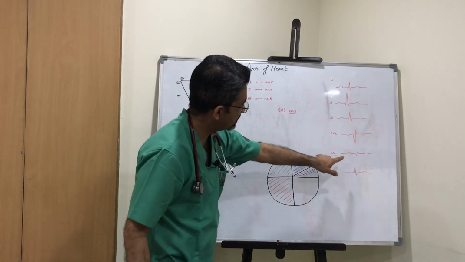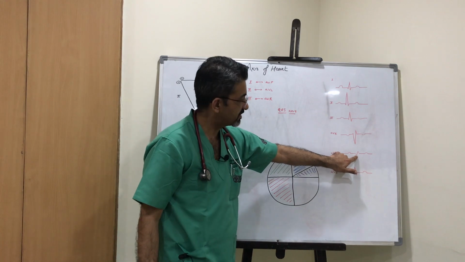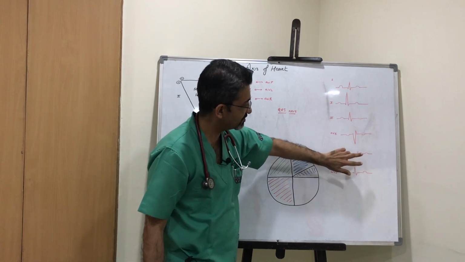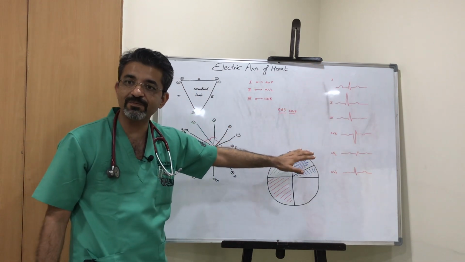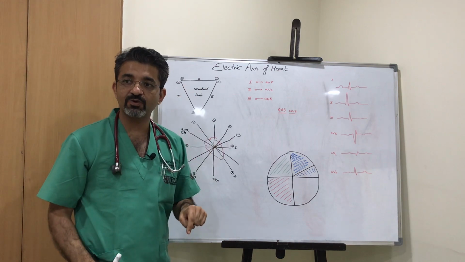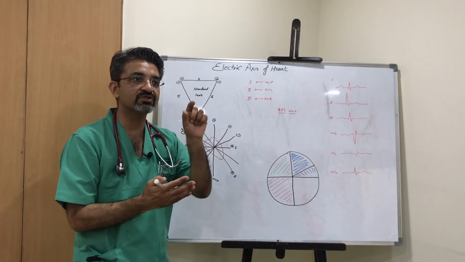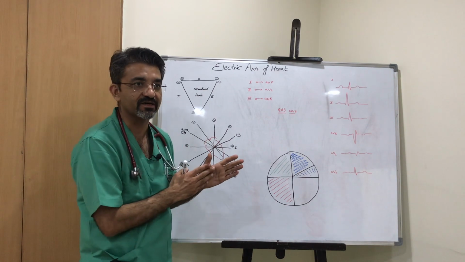I see that in AVL I have an equiphasic deflection, something which is negative, something which is positive, and they are more or less equal. So out of all my 6 frontal plane leads, I will try to find out which lead has the most equiphasic deflection. That is the first principle in determining the axis of my heart.